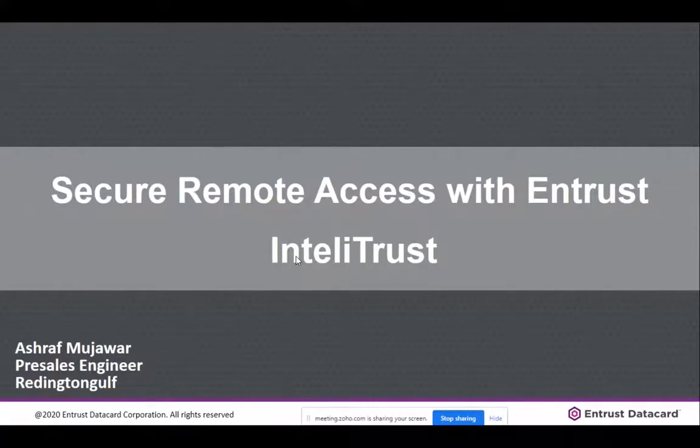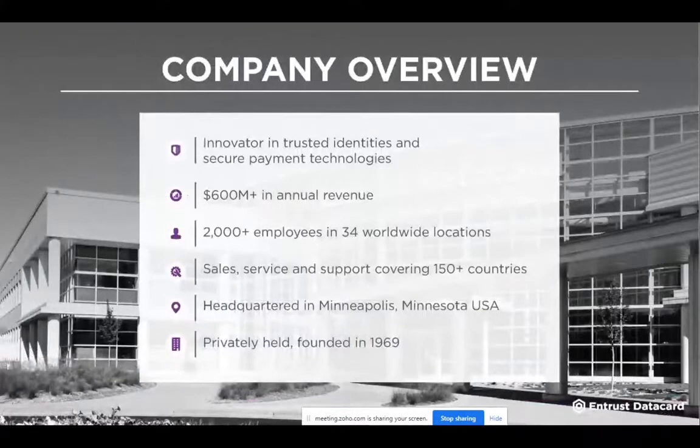So when they connect from home and try to access company resources, it is very important that we give them secure remote access, so that even at home, when accessing critical resources, they access them securely and, of course, with an additional authentication. So before I move to the solution, let me quickly give you an overview of the company.